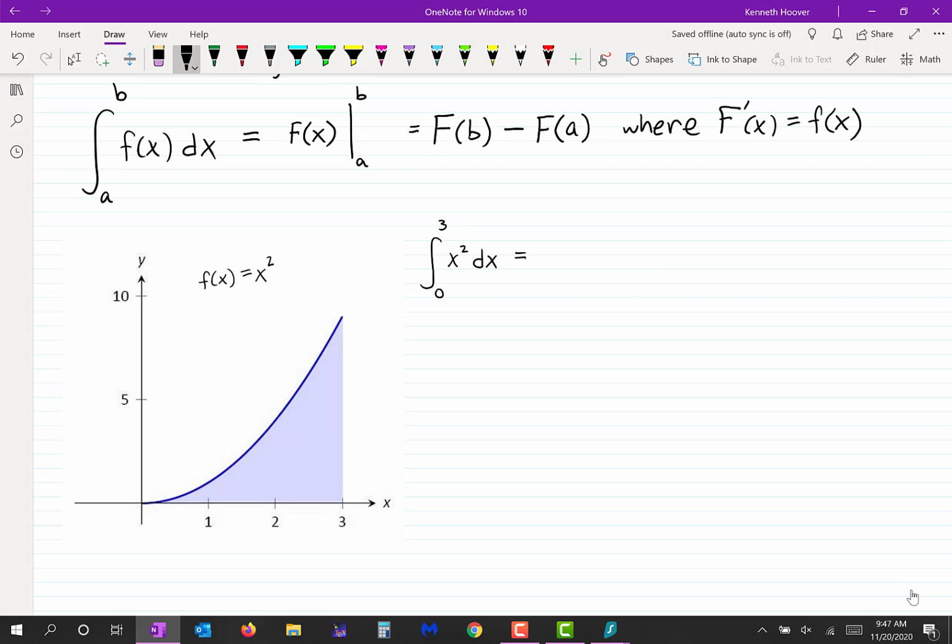What is an antiderivative for x squared? Well, if you follow the rules that we covered in the previous lecture, then you know that would be 1/3 x cubed. Now we're going from 0 to 3, so I write that, and then I write 1/3 times 3 cubed minus 1/3 times 0 cubed.